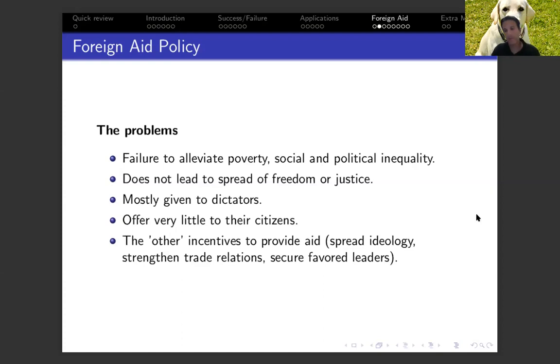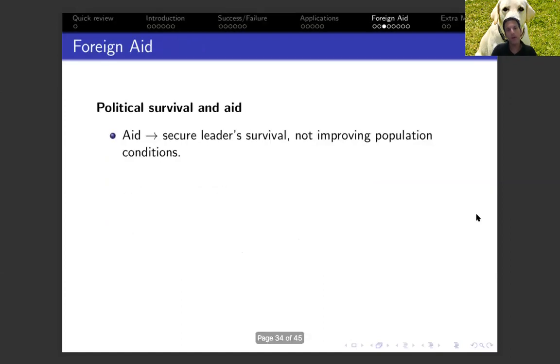Now, foreign aid, we should view in terms of why a country would provide foreign aid, or why a country would like to accept foreign aid. Thinking about it, again, from the context of a leader who accepts foreign aid, that leader is mostly focusing on using that aid to secure her own political survival and not necessarily to improve the conditions in which the population lives.